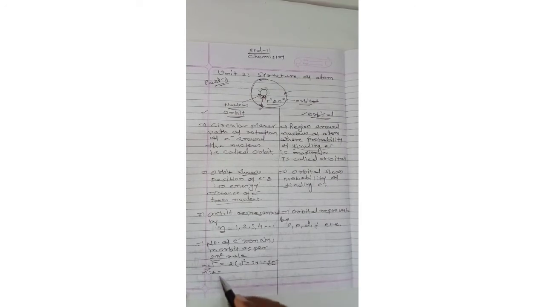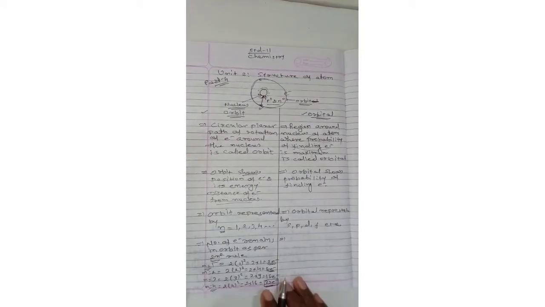For n equals 2, that means 2 into 2 square, 2 multiplied by 4 equals 8 electrons. In the second orbit a maximum of 8 electrons can remain. For n equals 3, 2 into 3 square, 2 into 9, equals 18 electrons, and for n equals 4, 2 into 4 square equals 2 into 16, that is 32 electrons. So in the fourth orbit a maximum of 32 electrons can remain.